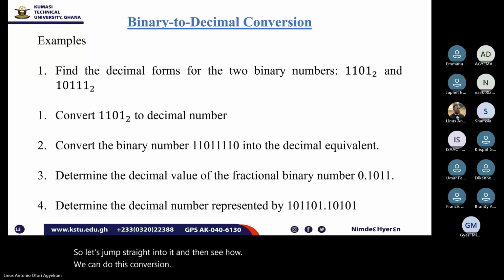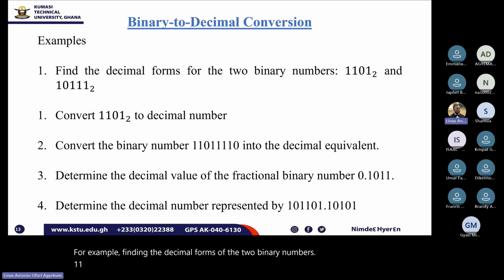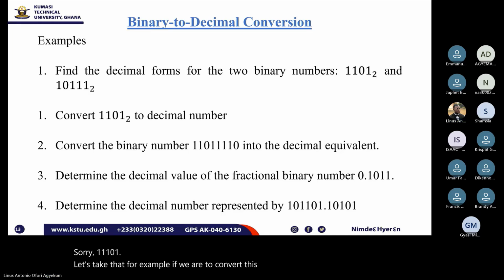Now, let's look at, for example, finding the decimal forms of binary numbers. Let's take 11101 for example. If we are to convert this into a decimal number, how do you think we would do that conversion?